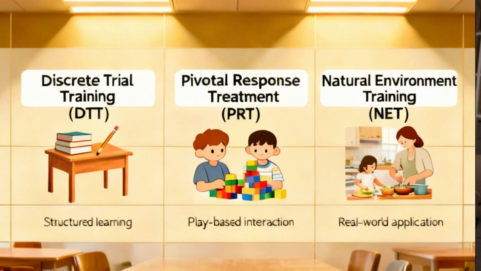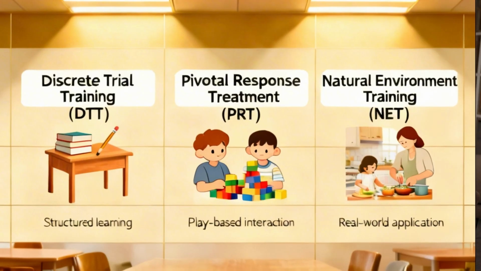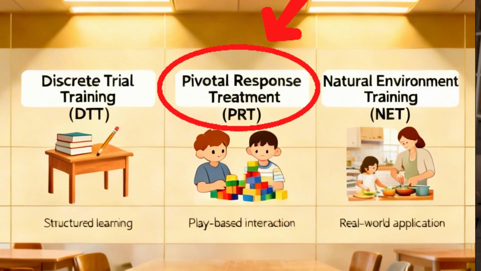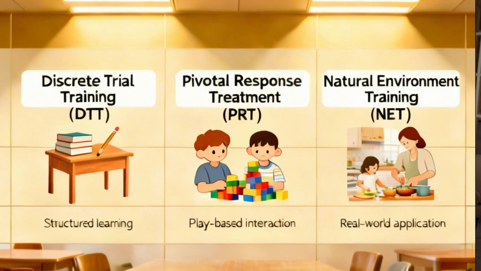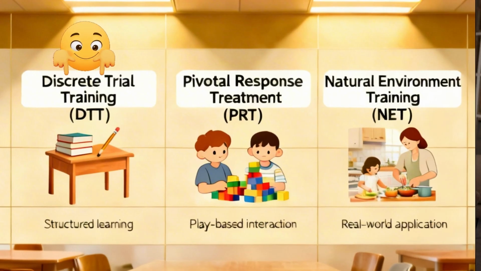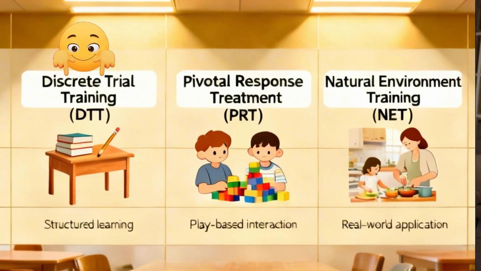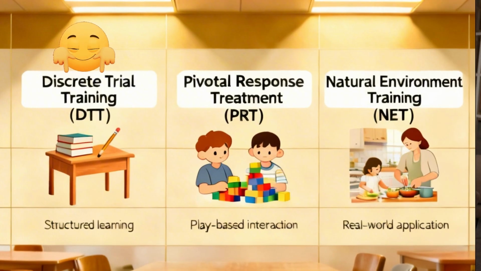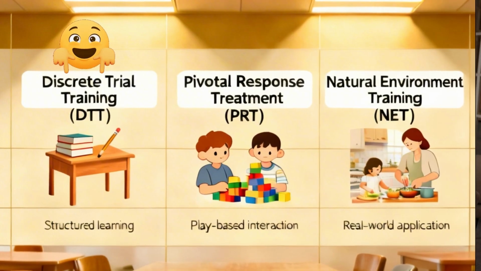Let's bring it all together with a quick side-by-side look at the three teaching methods: DTT, PRT, and NET, because in a well-designed ABA program, all three are typically used together. DTT, structured, desk-based, focused on repetition and specific skill mastery, best for building the foundational building blocks.